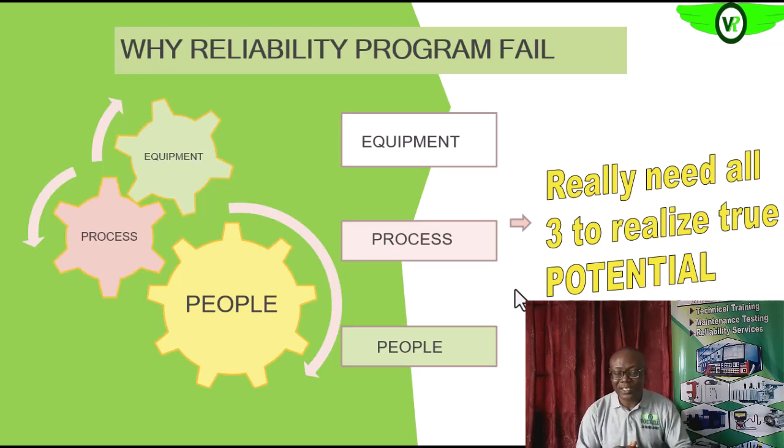In summary, you see that most of the times we may concentrate on the equipment. Are we getting it? At times, some facilities feel that buying a reliability program, that is software, a computer program, will ensure reliability in their system.